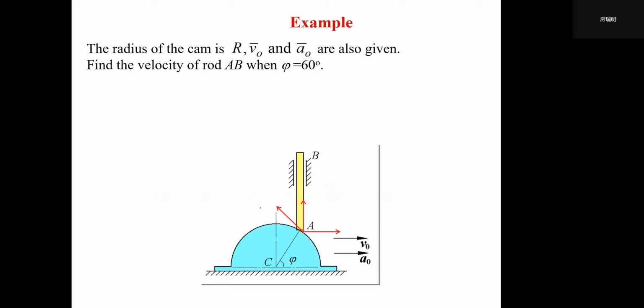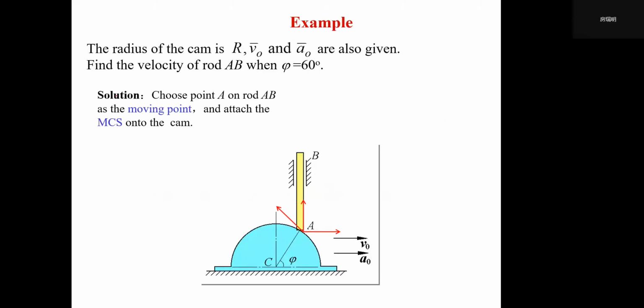We have talked about this kind of example to learn how to use the theorem of composition of velocities. This time we'll still use the same example. It tells us the radius of the cam. This is a translational cam. It has a circular shape with radius r, and it has V0 along the positive direction of x, and A0, that is uniform acceleration.